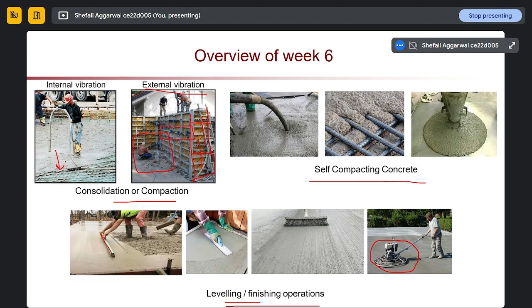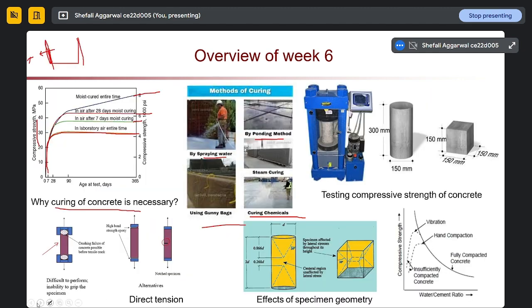Initially, C3S and C3A are the most reactive components in our cement. Whenever we add water to cement, these react with the water and form the hydration products. The main hydration products are CSH, calcium silicate hydrate, and CH, calcium hydroxide, Ca(OH)2.